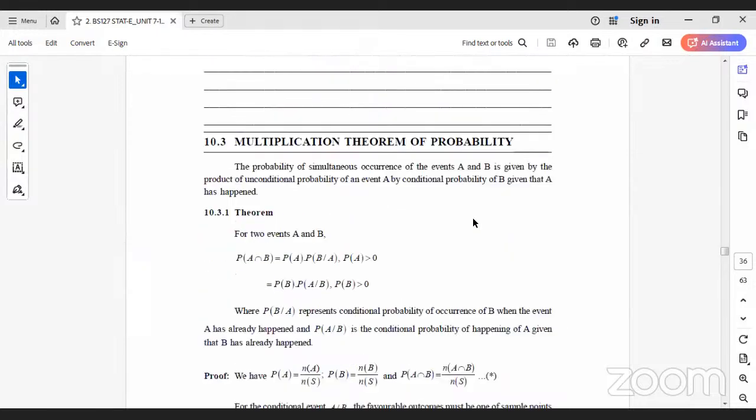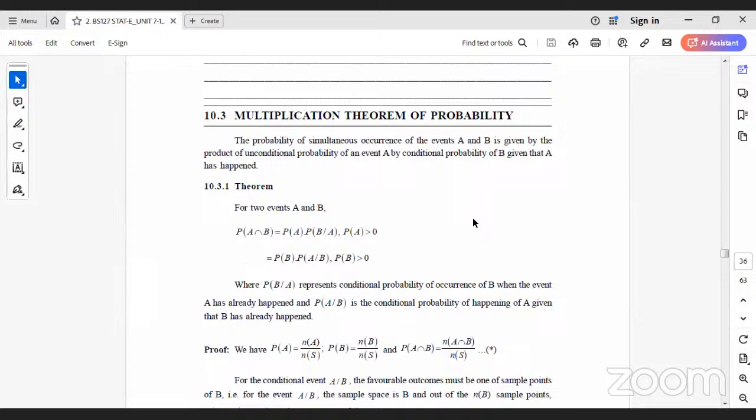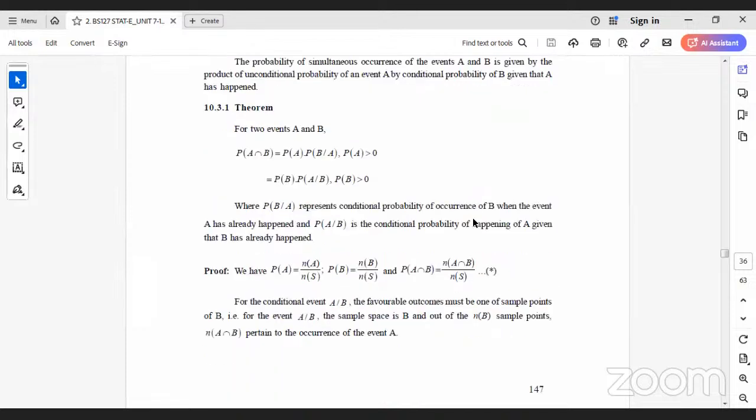Okay, now the multiplication theorem of probability. The probability of the simultaneous occurrence of the events A and B is given by the product of the unconditional probability of event A and the conditional probability of B, given that A has happened. So for two events A and B, P(A ∩ B) = P(A) · P(B|A), where P(A) is greater than 0.